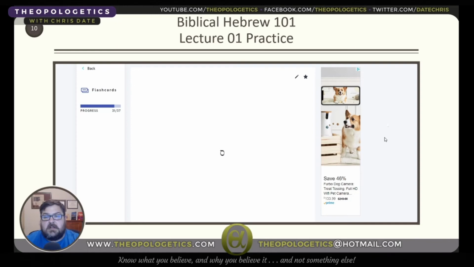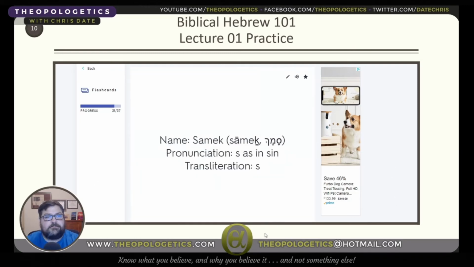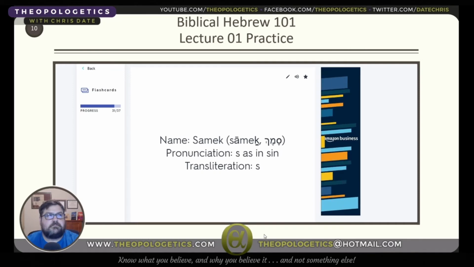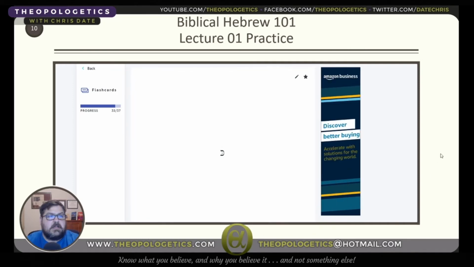This is the one consonant that makes an S sound that is transliterated as nothing but the English letter S, and it is in no special categories. Next up.